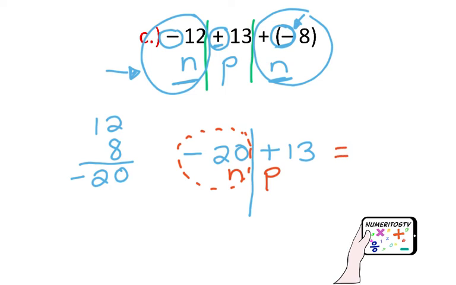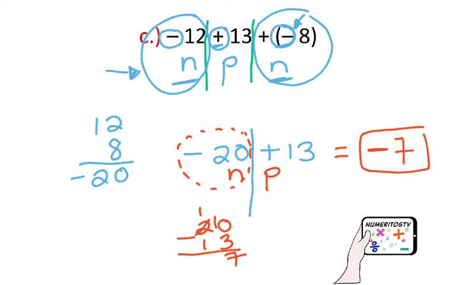So your answer is going to be negative. And then you do the elimination or the subtraction of just the numbers. So 20 minus 13, that will be 7. Negative 7. Don't forget about your symbol. Remember that we said at the beginning that the negatives were more, so my final answer should be negative 7.